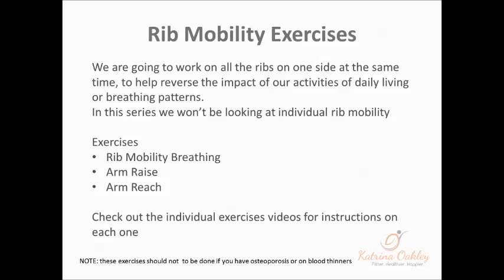Now, individual rib mobility can be done. You can go through and move one rib because there are joints there, and it is totally possible for one of the rib joints to get stuck, and you'll be amazed at how that can impact a hip or even a knee problem when just one rib is stuck.